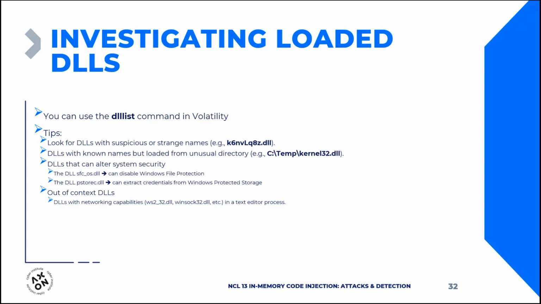I would expect Firefox, Internet Explorer or Outlook to load those DLLs. But if I see notepad or calculator loading them, this is a red flag as well. There is something suspicious here that I need to investigate. So these are great tips that you need to keep in mind when you investigate loaded DLLs.